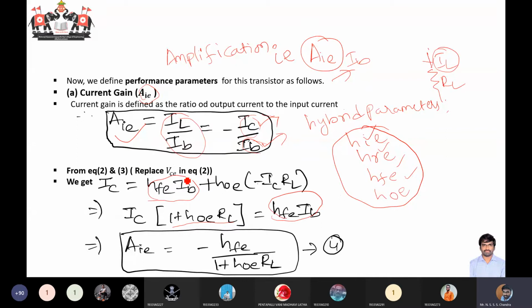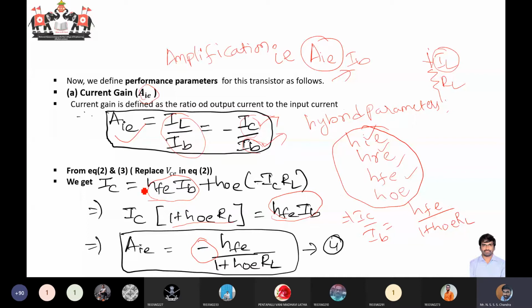Now I can take the ratio of IC by IB. IC by IB will be equal to HFE by 1 plus HOE into RL. But AIE is equal to minus IC by IB, so I'll get a minus sign over here: minus HFE by 1 plus HOE into RL.